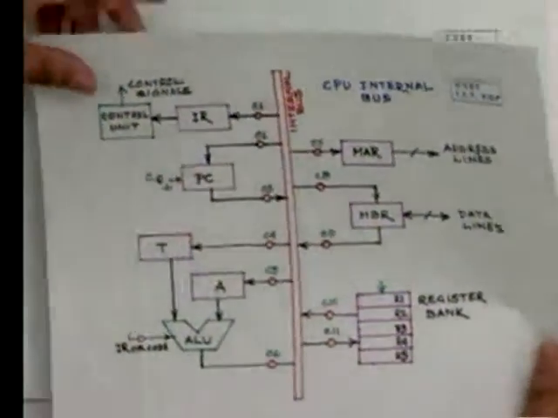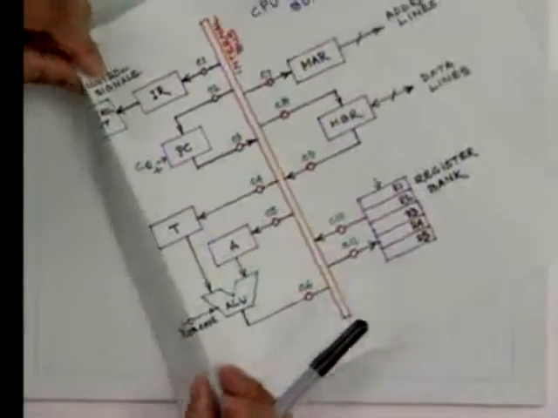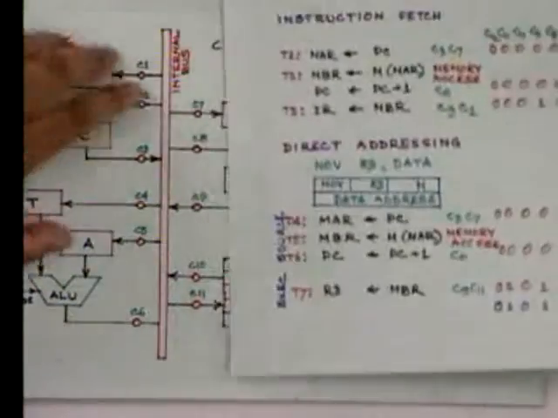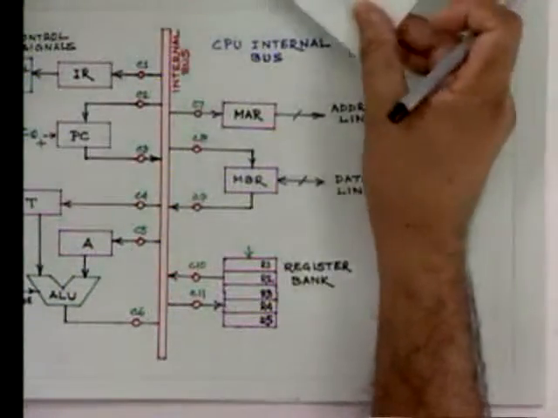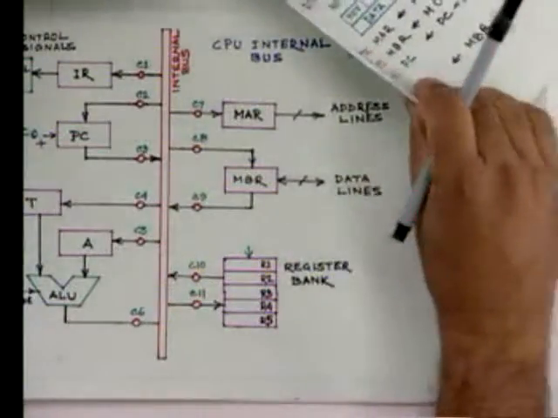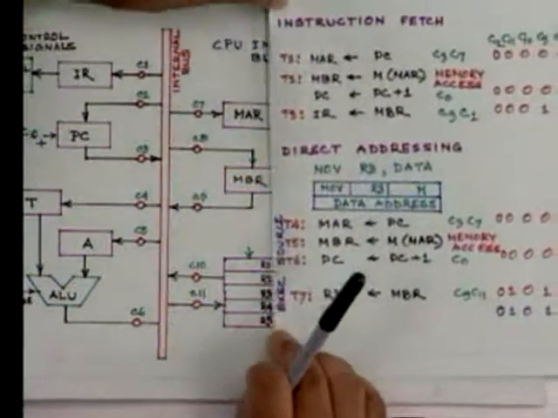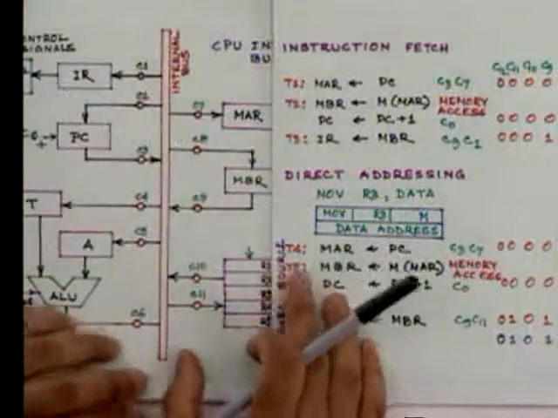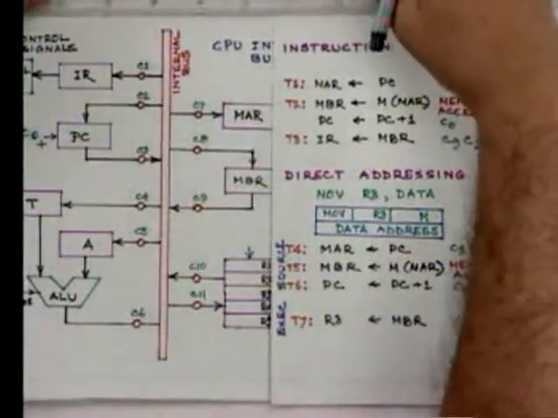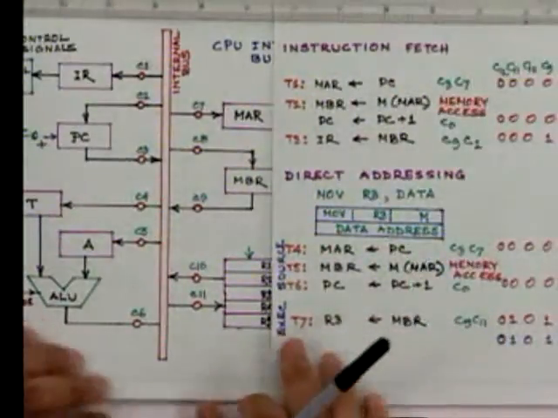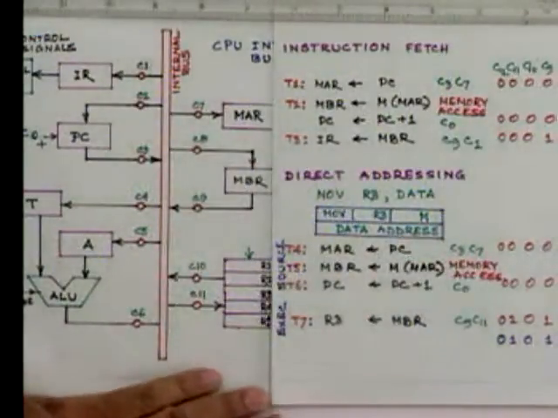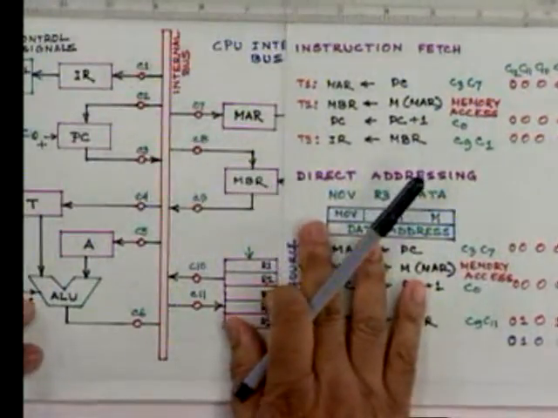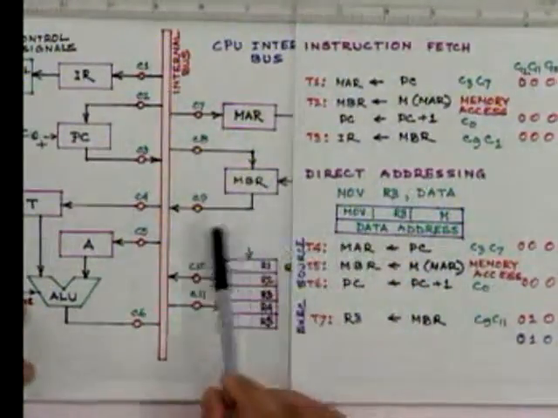Now, let us place two pictures side by side. See the situation in the case of an instruction fetch cycle.